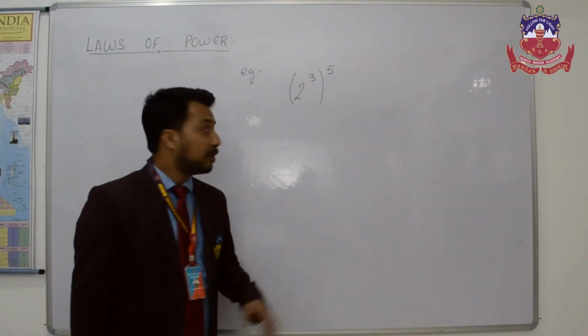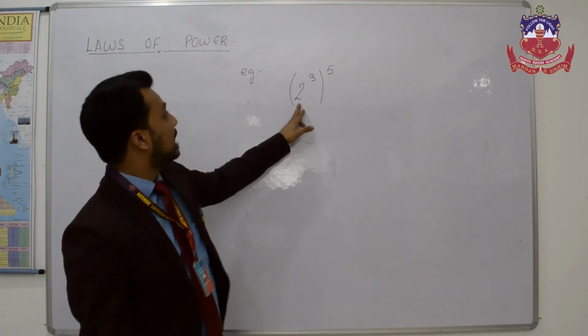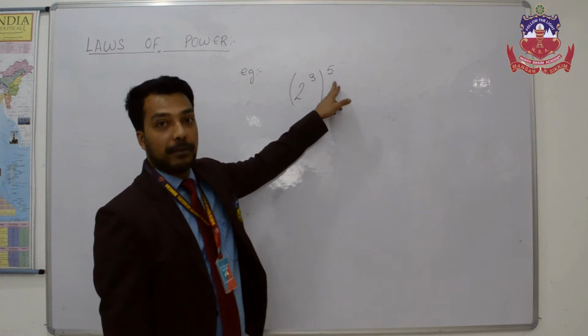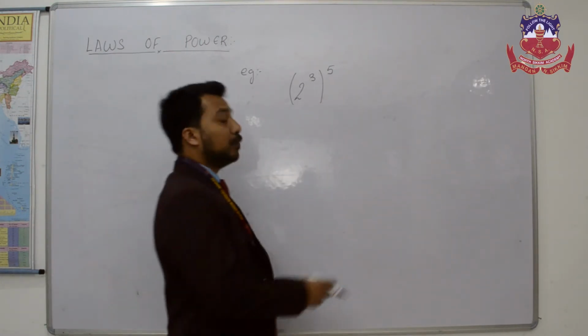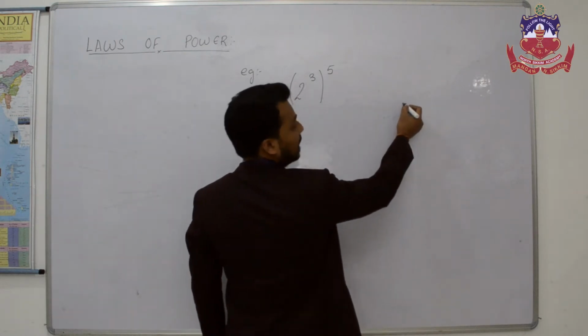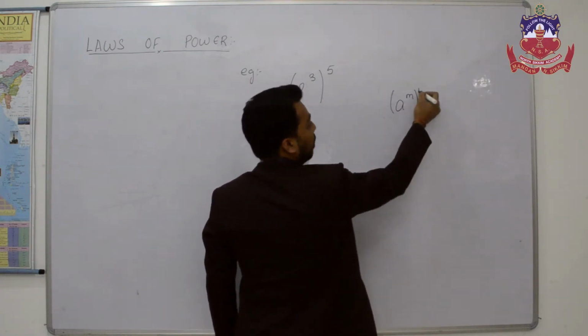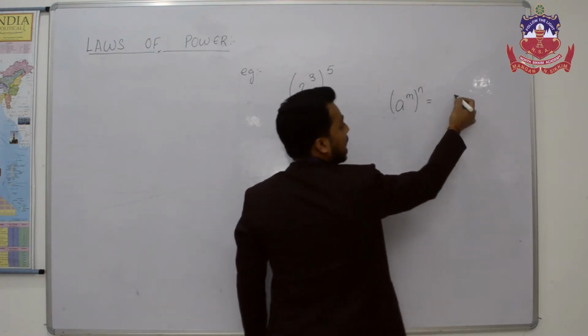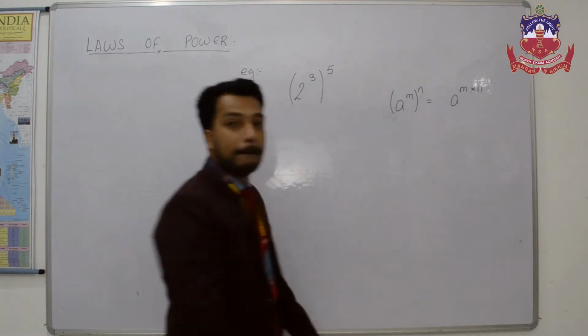The example that I have taken is 2, which is acting as a base. It has powers 3 and 5. So how do you simplify this? By using the law. Suppose you are using the first law, which says (a to the power m) to the power n can be written as a to the power m into n. That means the powers are getting multiplied.